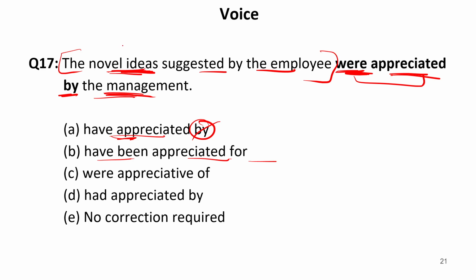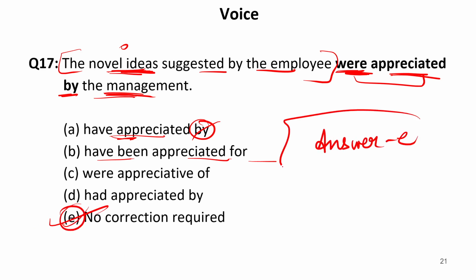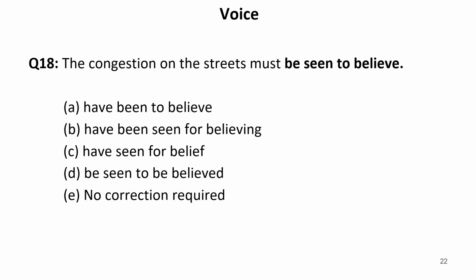Obviously the novel ideas. So these are behaving like objects. Therefore, the sentence has to be in passive voice only. So the sentence which is given to us is absolutely correct, and our answer is E. There is no correction required. This is absolutely correct.